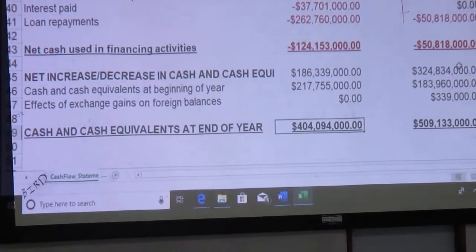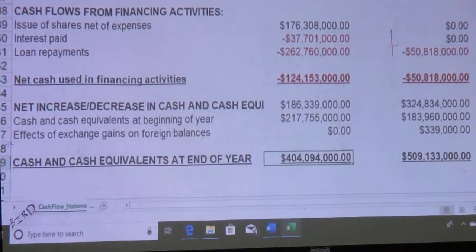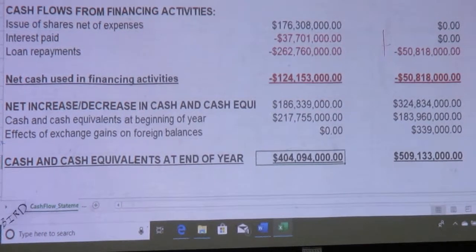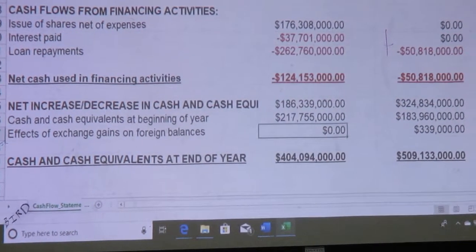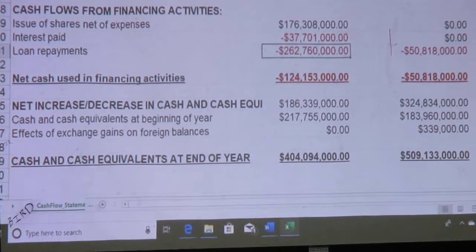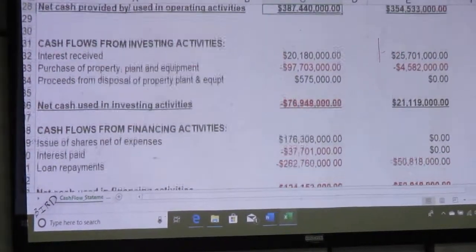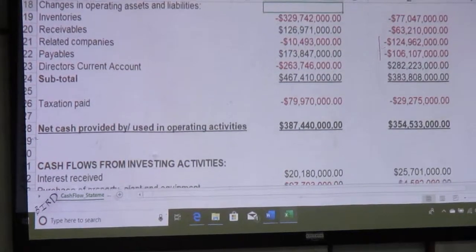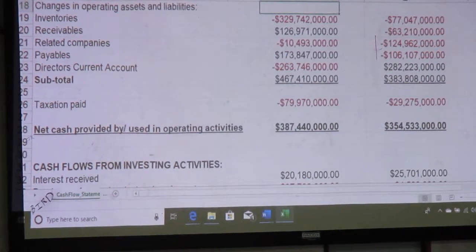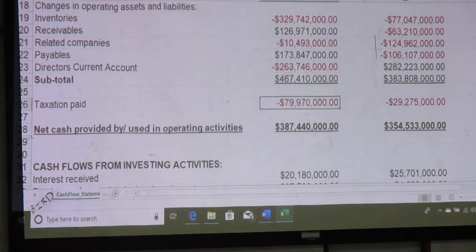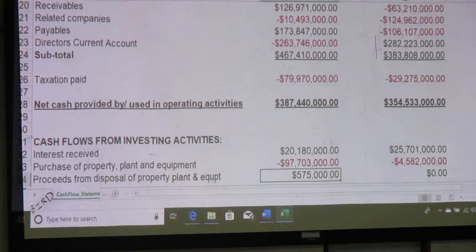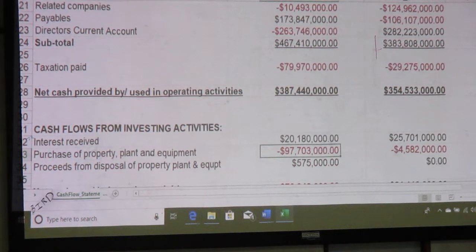Question. Yes, sure. So, where they have the investment plans, cash flows from investing, okay. So there's interest, purchase of land. Right, it's almost 100,000, right? Down.